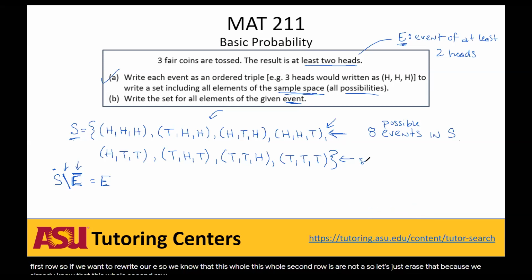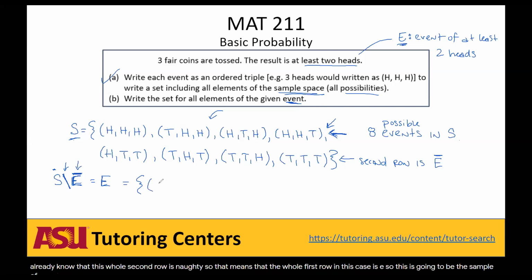This whole second row is not E. That means that the whole first row in this case is E. So this is going to be the sample of H, H, H, T, H, H, H, T, H, and H, H, T. So that's it. Let me make that E look a little more like an E there.